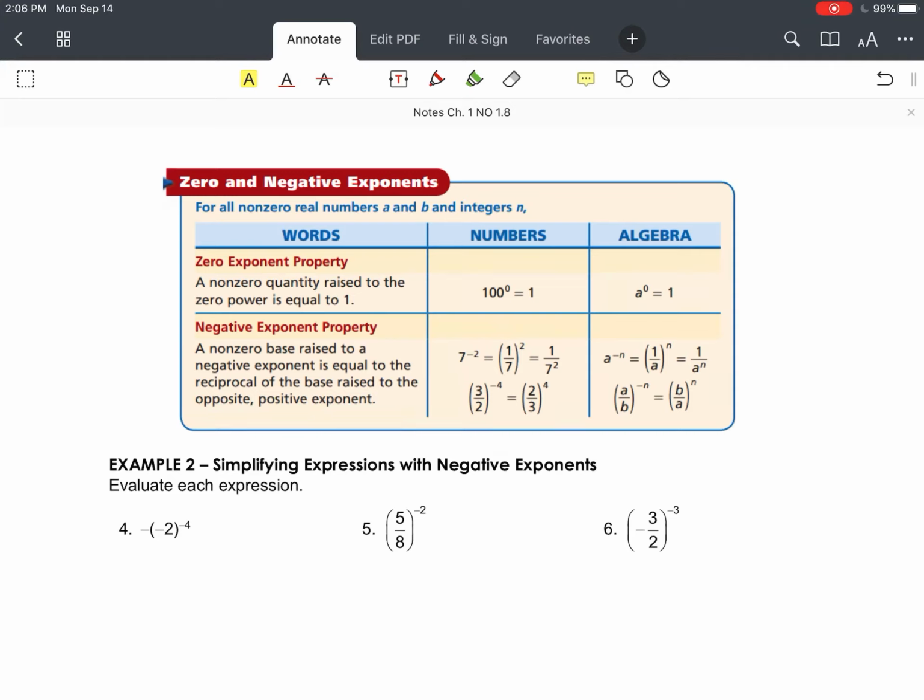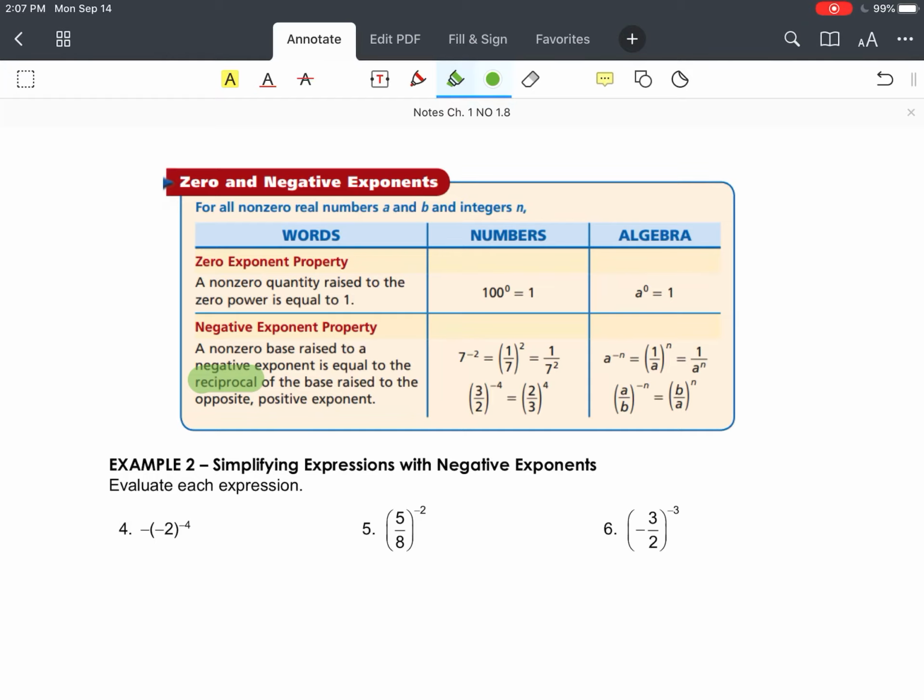The negative exponent property says when you have something that's a negative exponent, you have to flip the fraction. That's that word reciprocal. We've seen that before. You have to take the reciprocal of whatever is being raised and flip it and change the exponent to a positive.